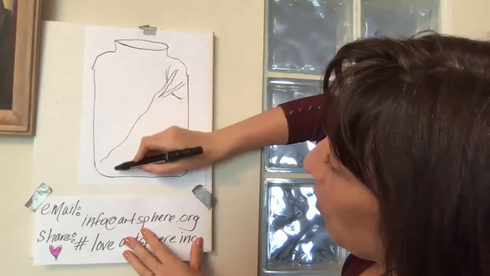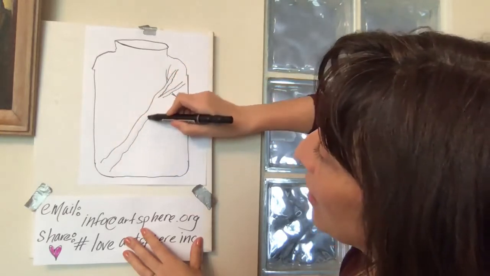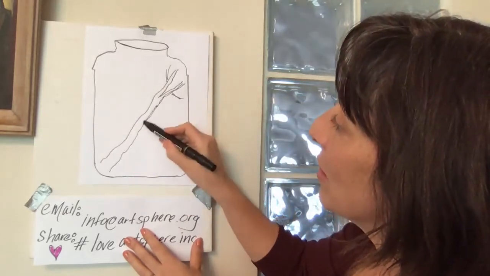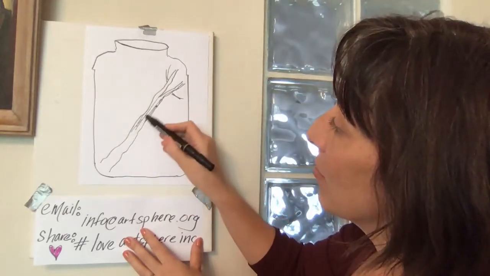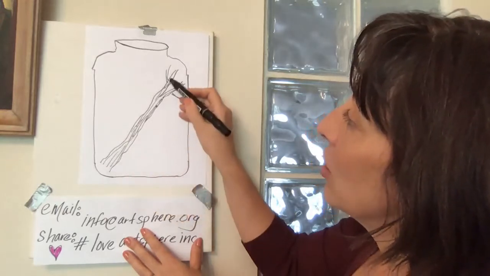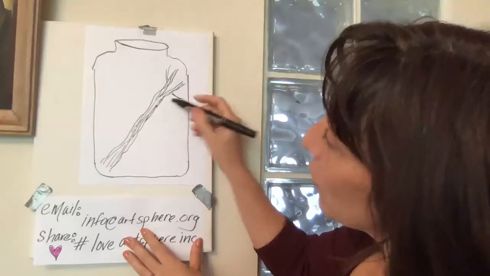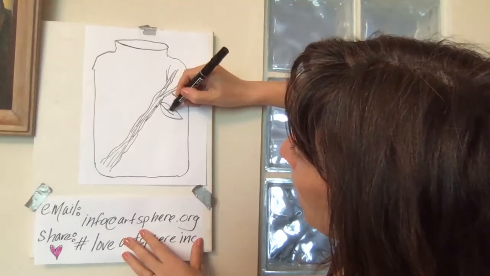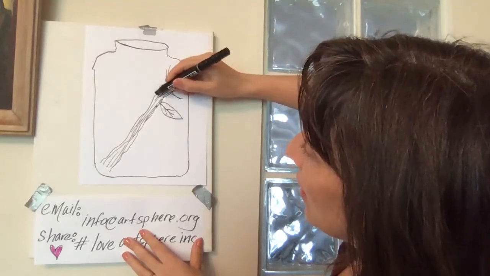You may want to make it a little wider at the bottom. You may want to create some lines for the bark on your branch. And of course, you'll want to add some leaves and some veins on those leaves.